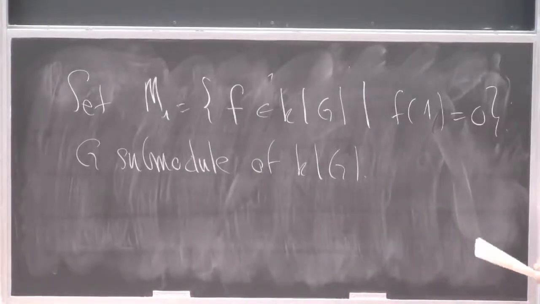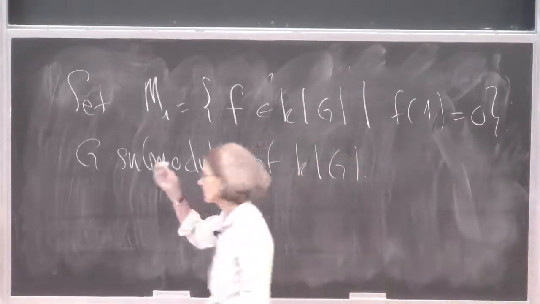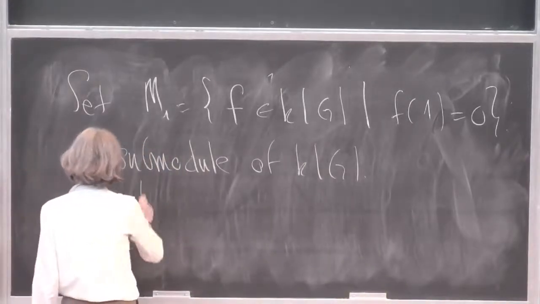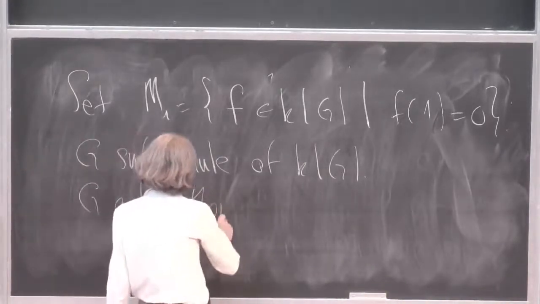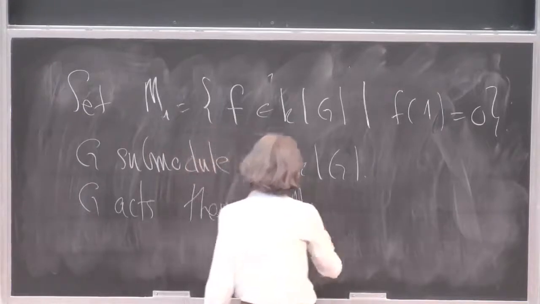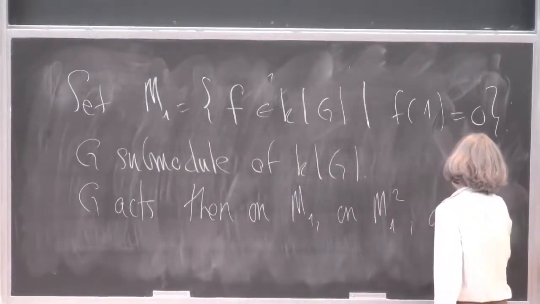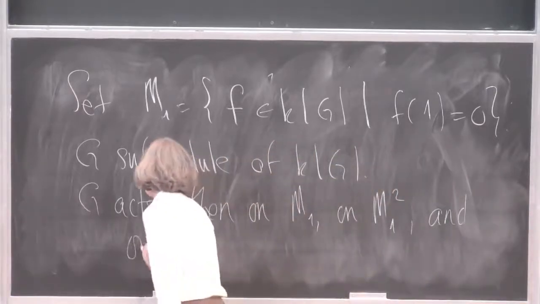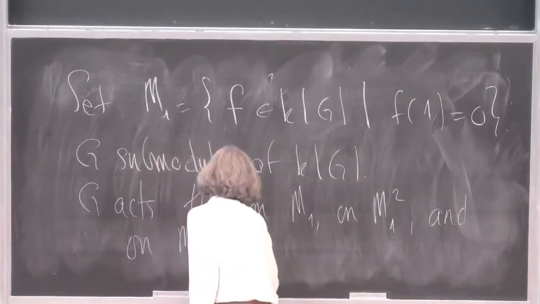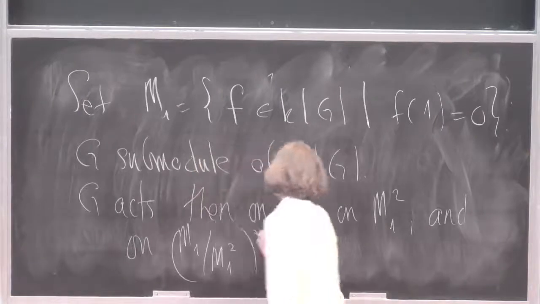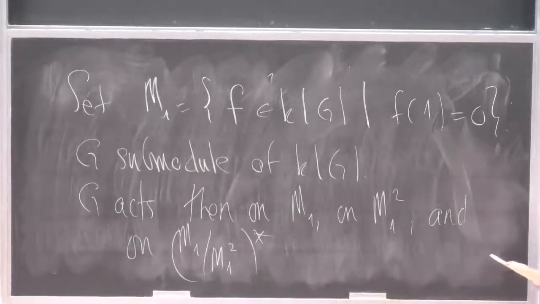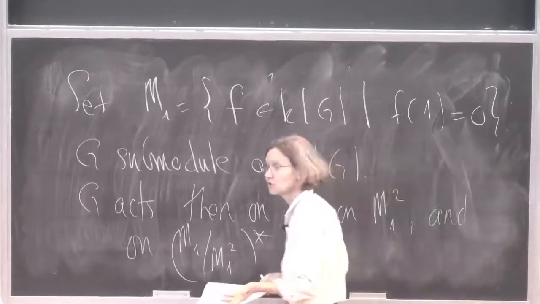And G acts on that. It also acts on the square of that ideal, so G acts then on M1, on M1 squared, and on the dual of the quotient. The dual. Okay? And that turns out to be a finite dimensional G module.